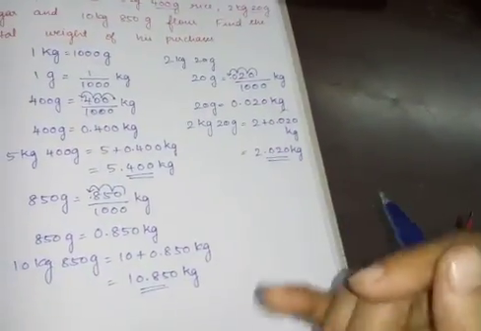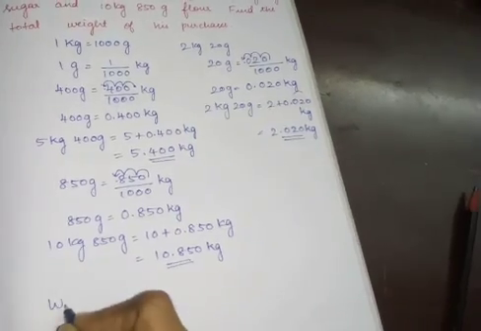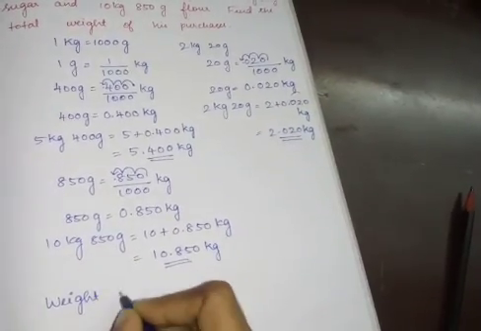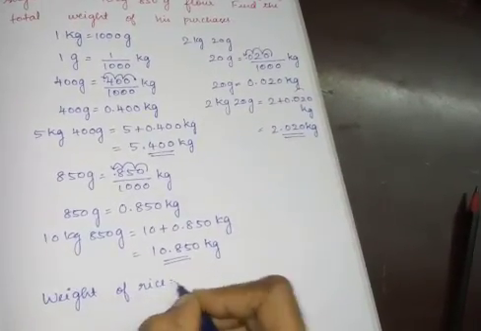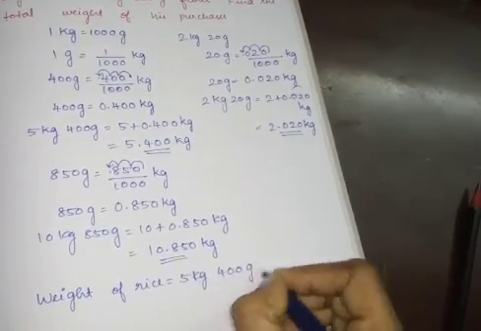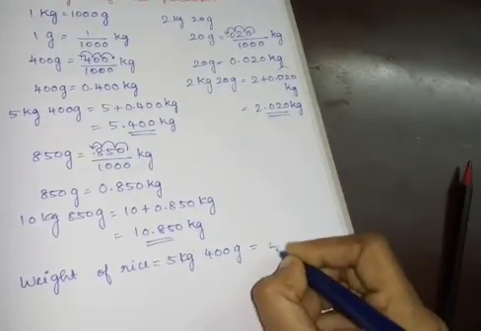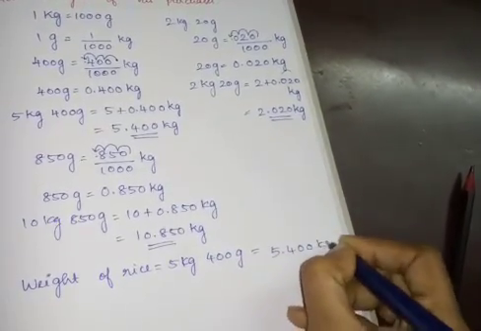We should find the total weight of these purchases. So now weight of rice is how much? Rice is equal to 5 kg 400 gram. So what is the conversion? 5.400 kilogram.